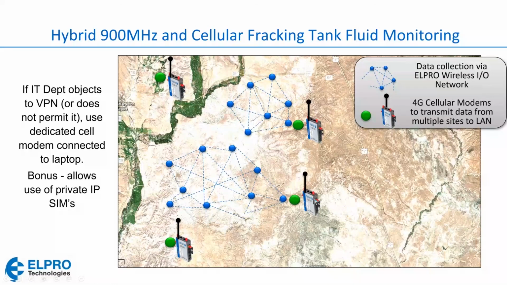And now they know exactly what the levels are in all these tanks, and they only dispatch the trucks to the tanks that are low. So huge savings in mileage, in fuel, in labor, in wear and tear on the truck, everything. They were extremely happy with how this worked out for them.